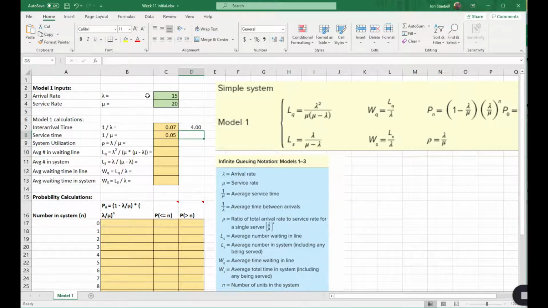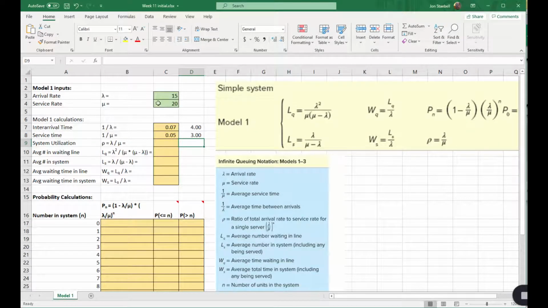With an arrival rate of 15 per hour, that makes sense: every 4 minutes leads to 15 per hour. And how long does it take to process each customer? 0.05 of an hour times 60 minutes per hour is 3. So it takes us 3 minutes to handle each customer.